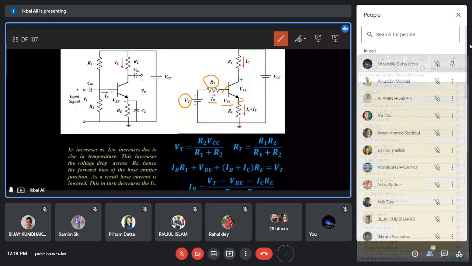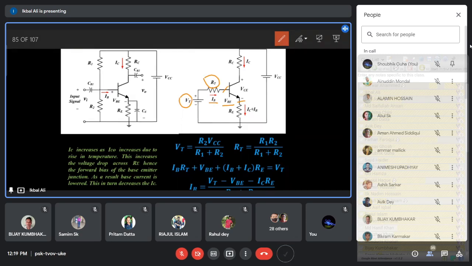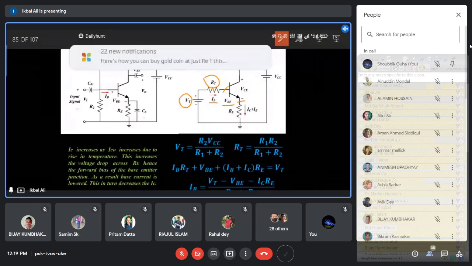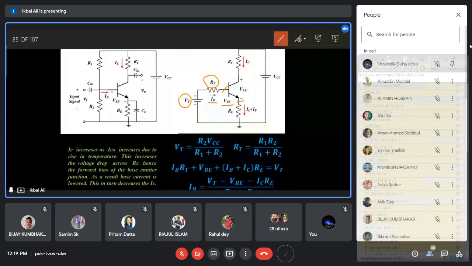If it were small i and capital B, that means it is the total current, which may be DC plus AC. But with capital I capital B, the entire current is DC. That is why the symbol is capital I capital B. This is the DC current.